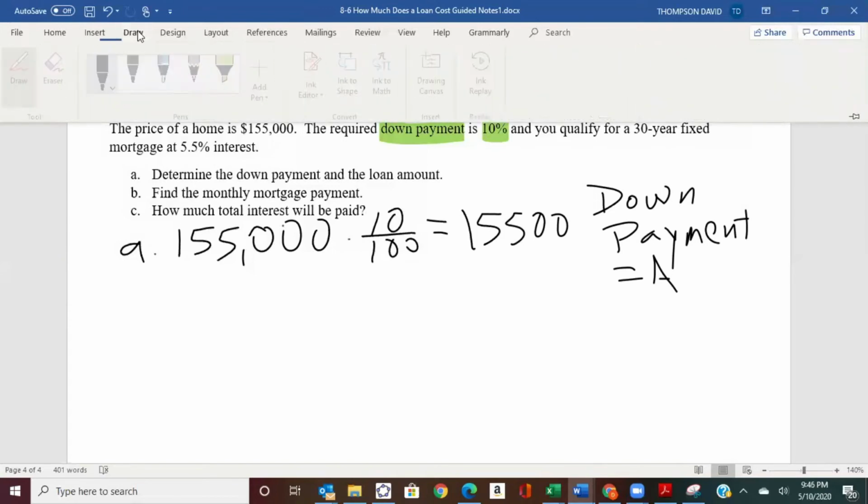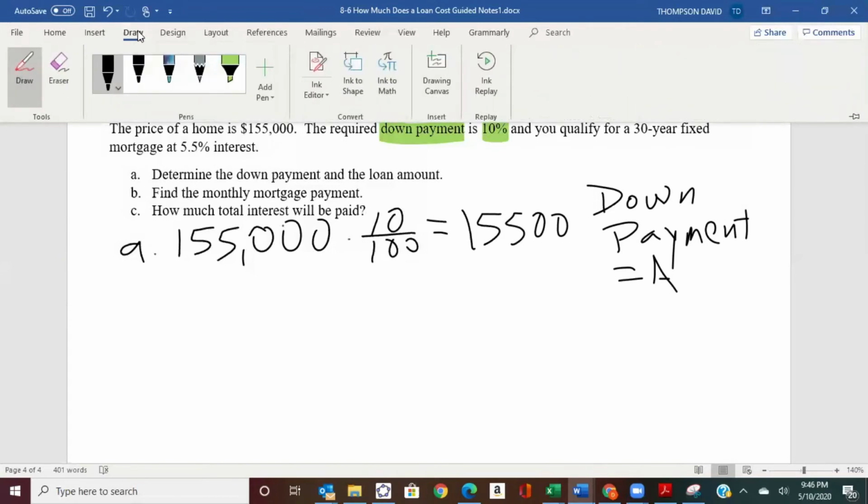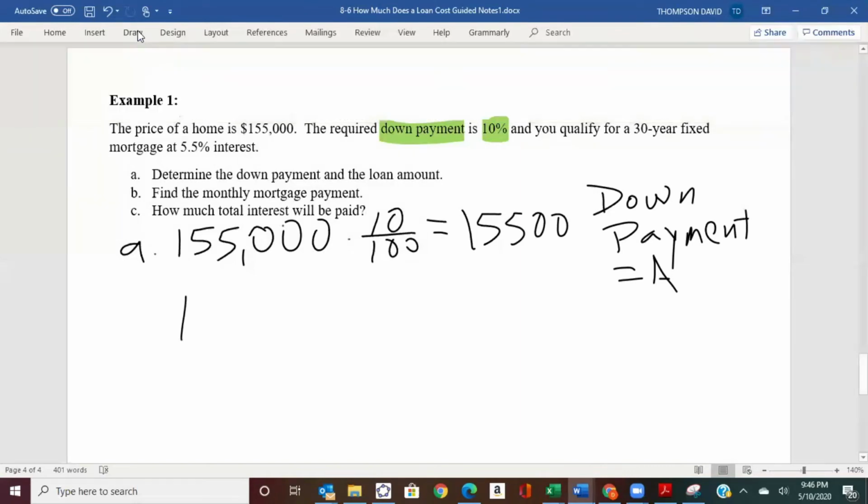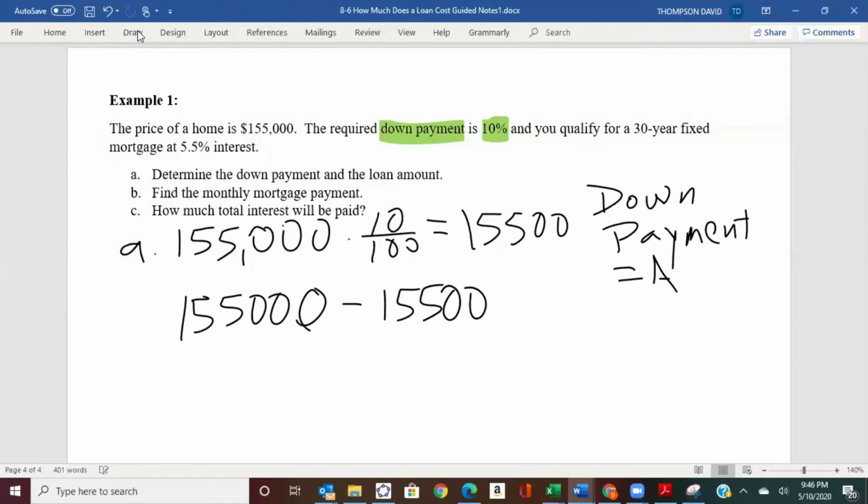Next thing we want to figure out is our loan amount. To figure out the loan amount, we need to figure out how much the cost of the house is. So 155,000 minus 15,500. This is going to give me my value of A or the loan amount.